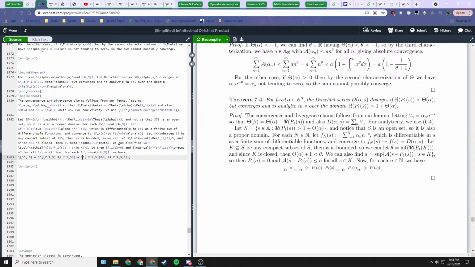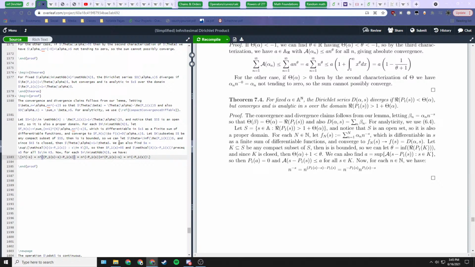Or we could do it this way. P1 of s minus s, so we don't have so many parentheses and double negatives. So we'll just have this n power negative P1 of S out in the front. Actually, this should not be just P1 of S. We want to separate the real part of P1. We actually don't care about the imaginary part.